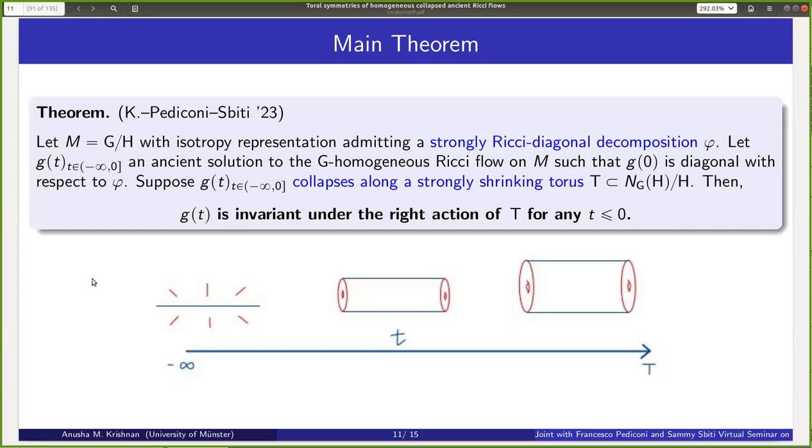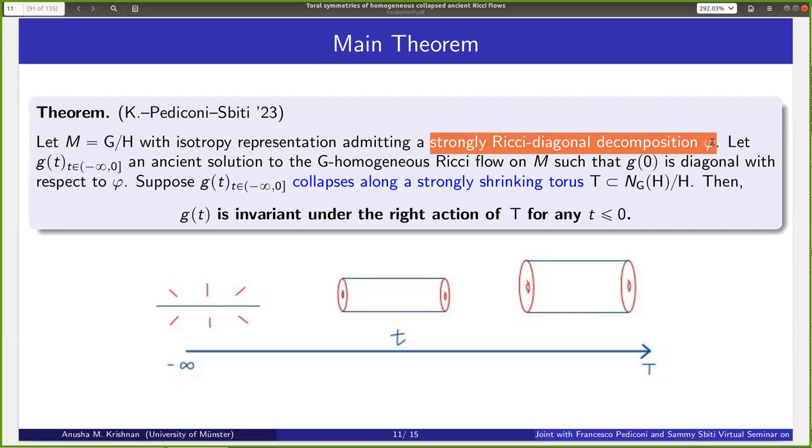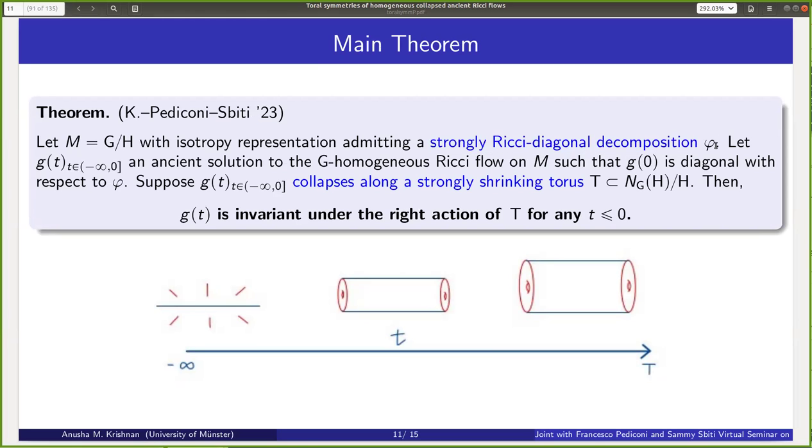This is what we show: if you have a compact homogeneous space, where G and H are compact and connected, with isotropy representation that admits a strongly Ricci diagonal decomposition, first we have this assumption on the decomposition.